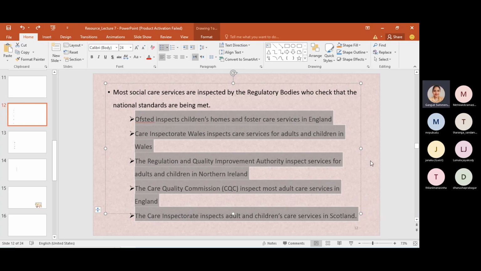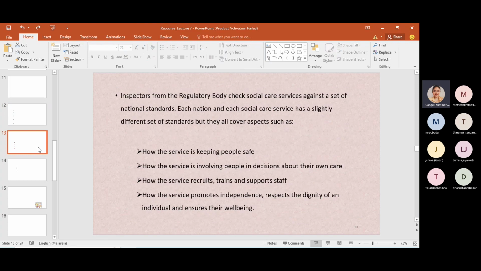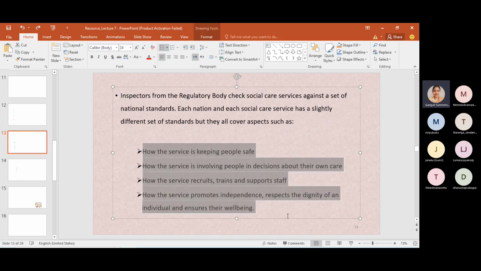When these regulators check whether the companies and the professionals are working according to standards or not, these regulators pay attention to these points.